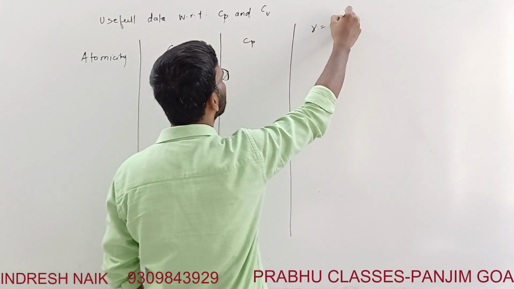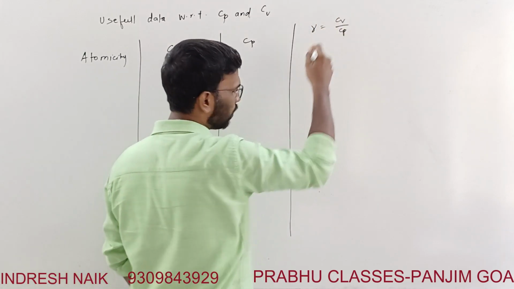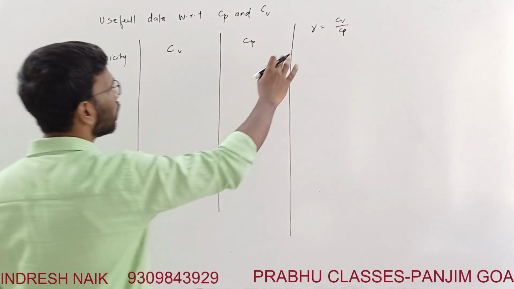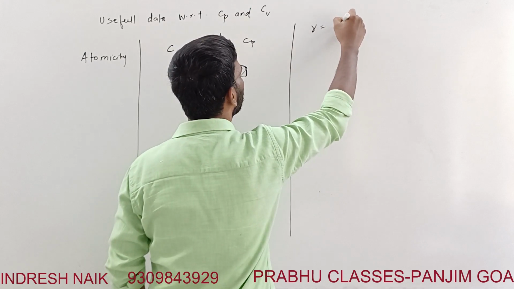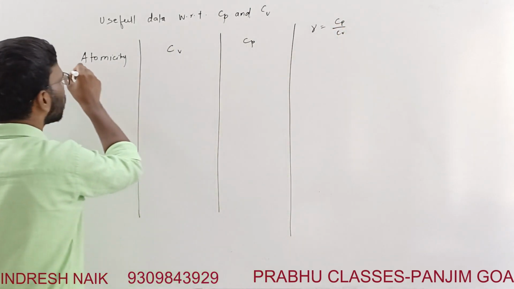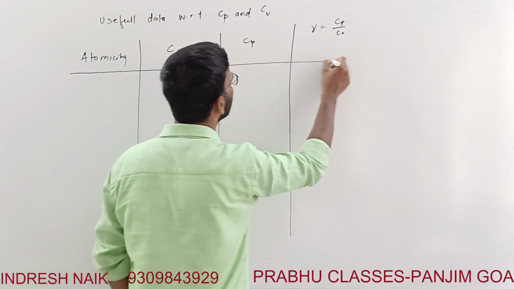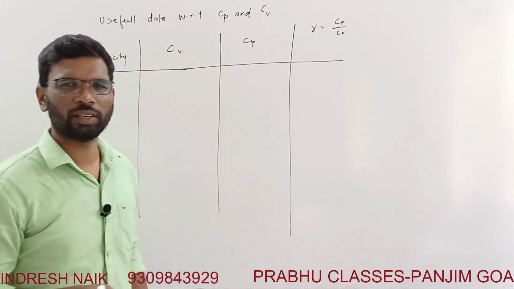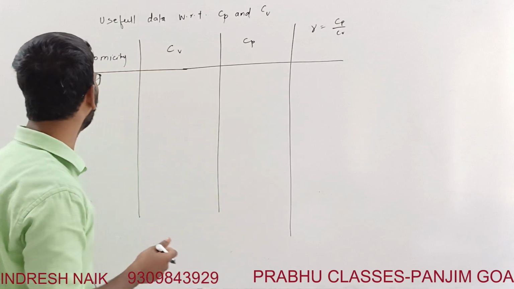Gamma is Cv by Cp. Okay, sorry, gamma is Cp by Cv. This is very important data. It will help you in numerical solving when the questions are asked.